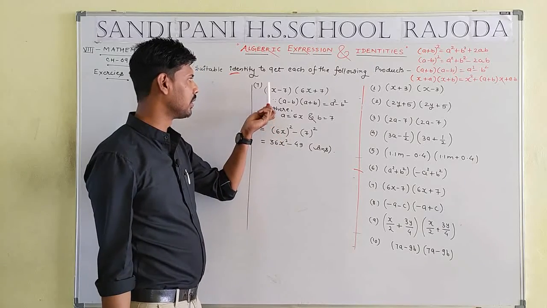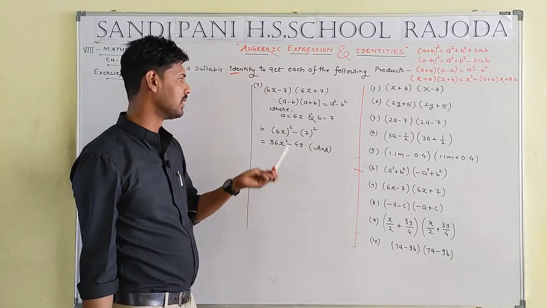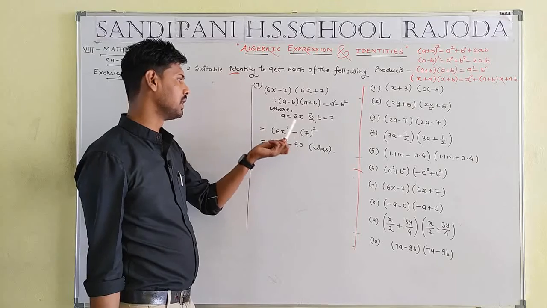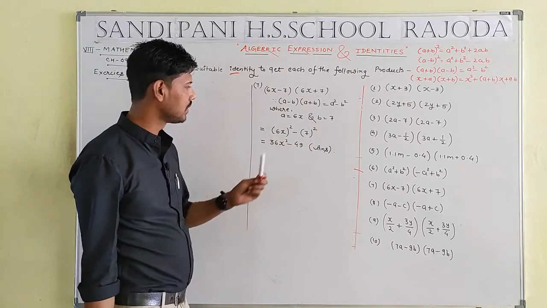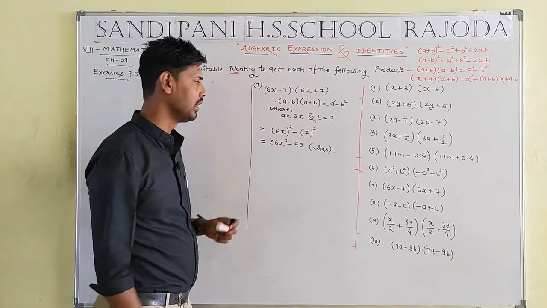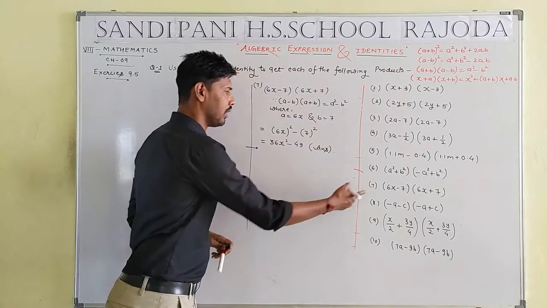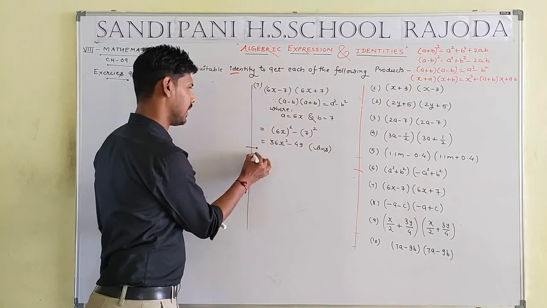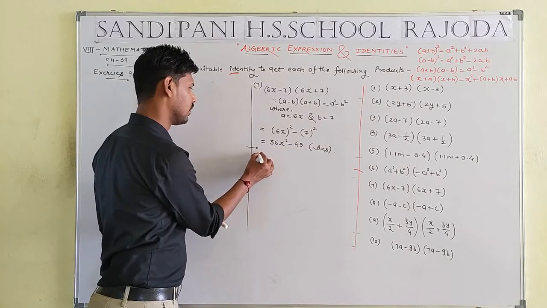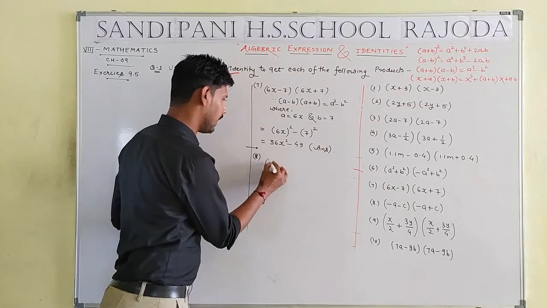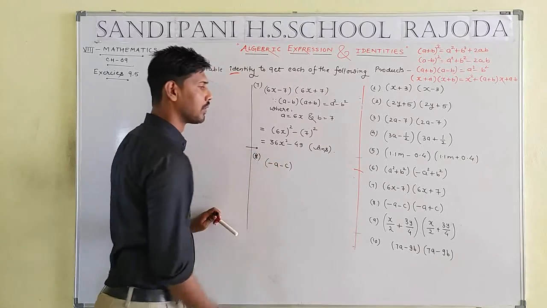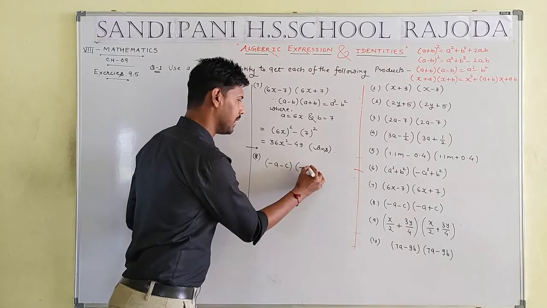That means a will be equal to 6x and b will be equal to 7, such that a square minus b square will be equal to 6 into 6, 36, 7 into 7, 49. Okay student, now we take question number 8. Question number 8: minus a minus c and minus a plus c.